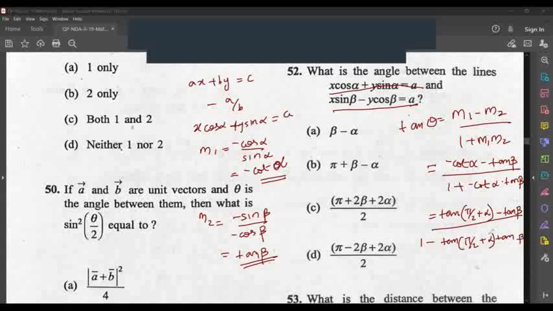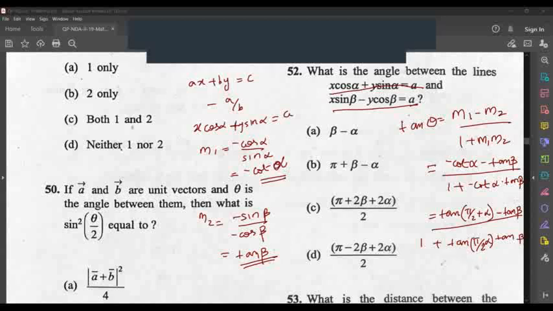We are just substituting the same thing here, pi by 2 plus alpha for minus cot alpha.